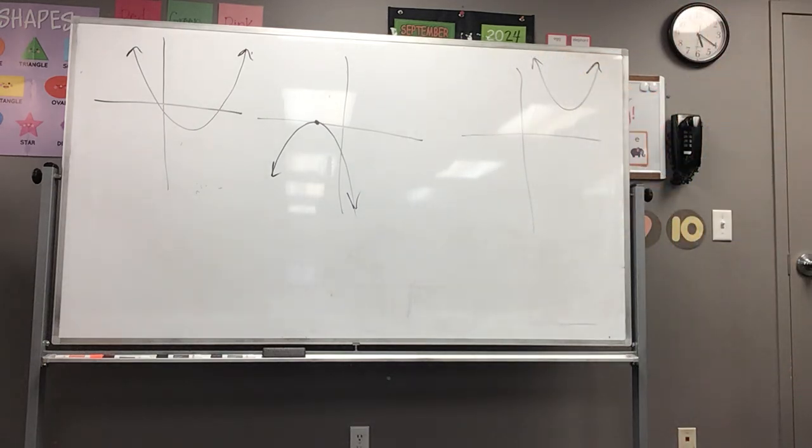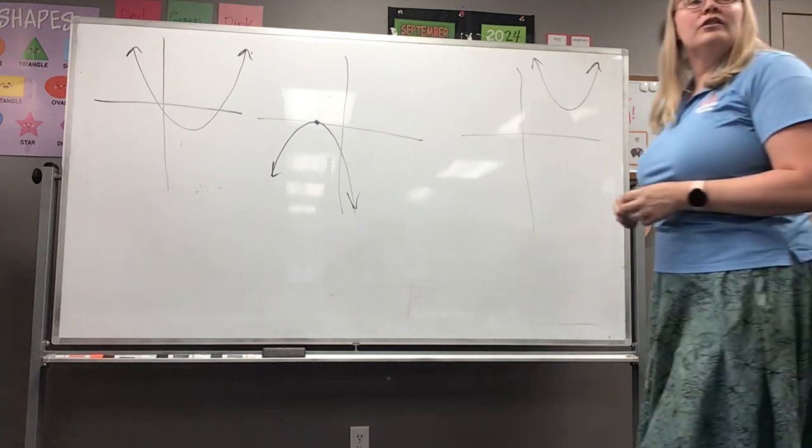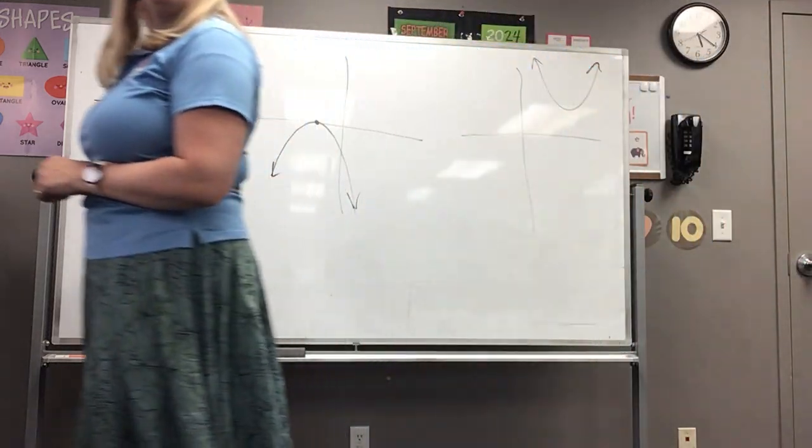I threw in a negative just to show that it's possible, so don't worry about the direction it's opening right now. What are the 3 categories that we have for quadratics?